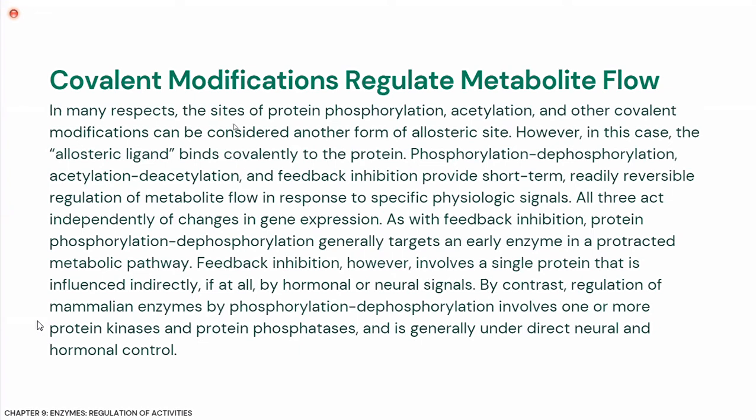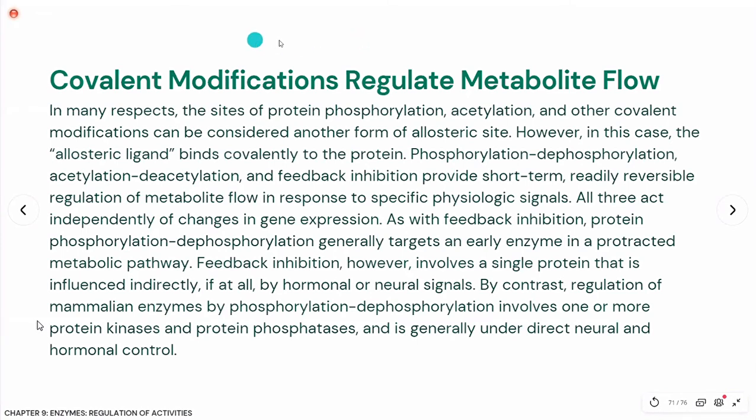Covalent modification regulates metabolic flow. I gave you already an example of glycogen synthesis and glycogen degradation, covalent modification using phosphate, and the origin of that phosphate is from ATP.